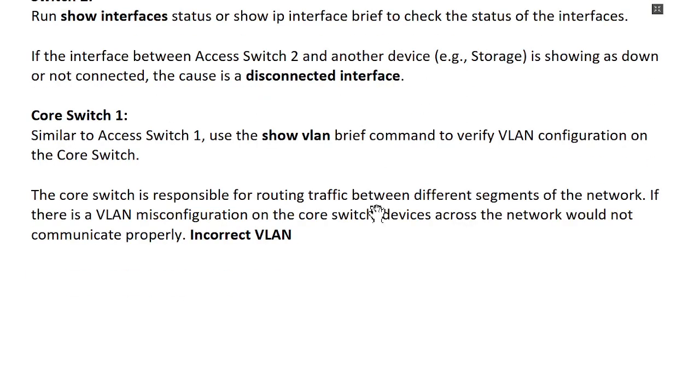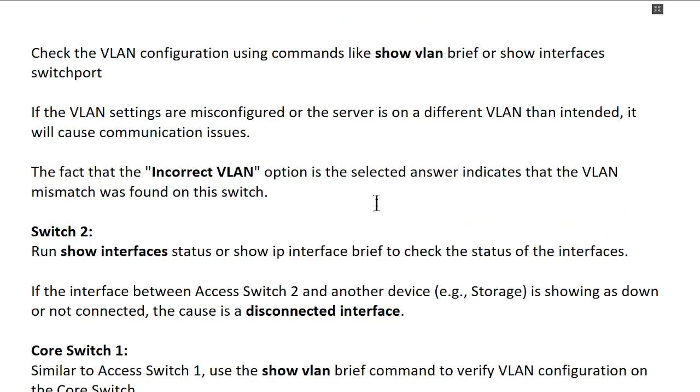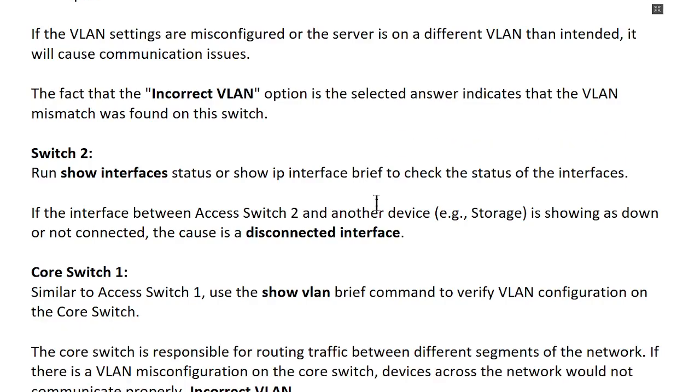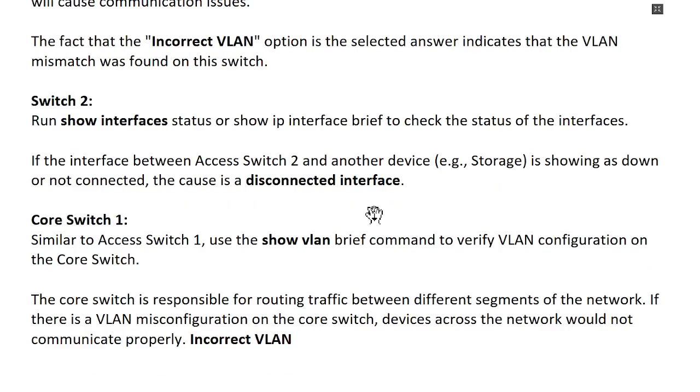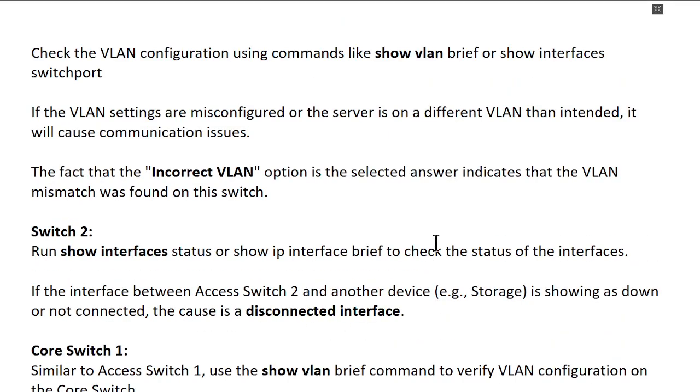I've been told the easiest way to do this one is on the core switch, basically just show VLAN brief. You'll see that it's on the incorrect VLAN. And then here's your answers. Show interface on switch 2, disconnect interface. And what was the other one? Show VLAN brief.